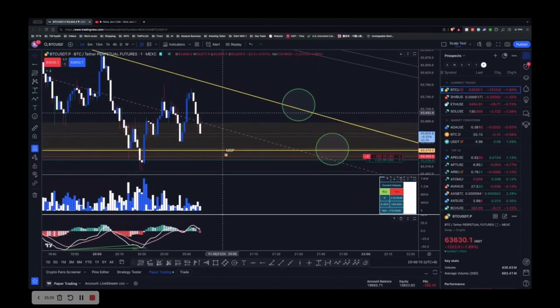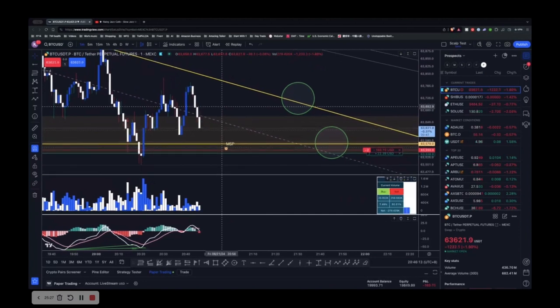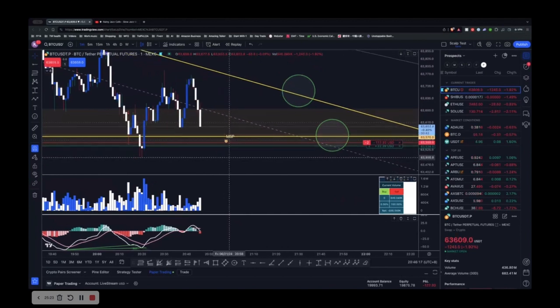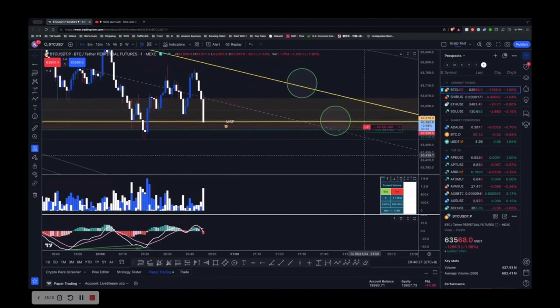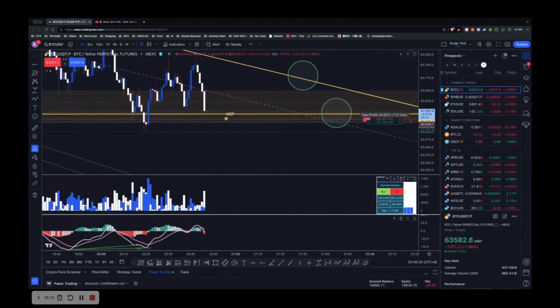All right, anyway, let's take a look at how this is going to play out. Good momentum coming down. Okay, it's probably going to hit, reacting right at MSP.